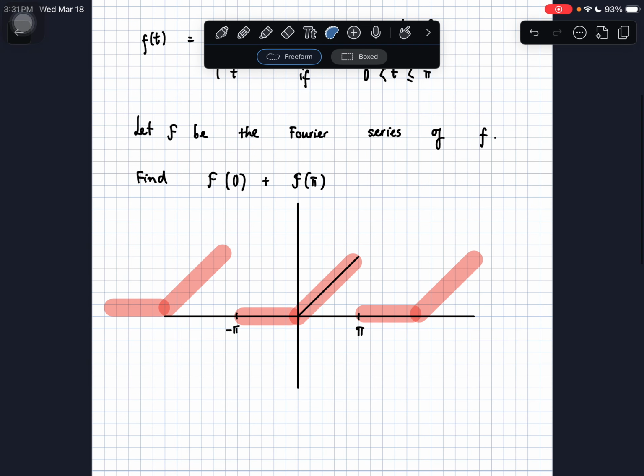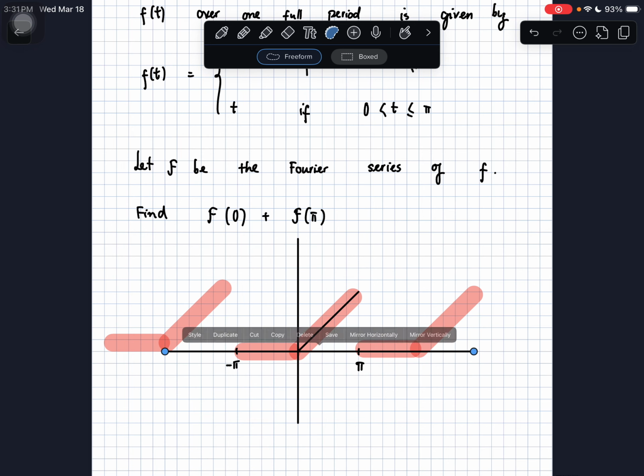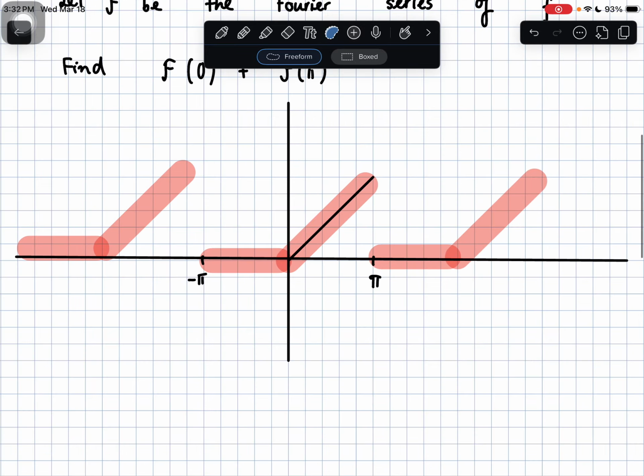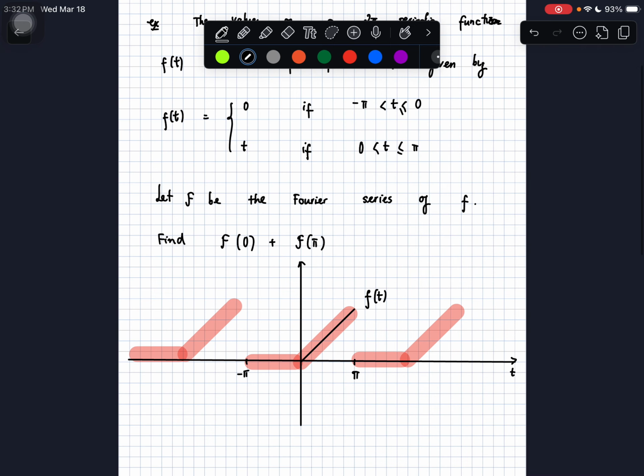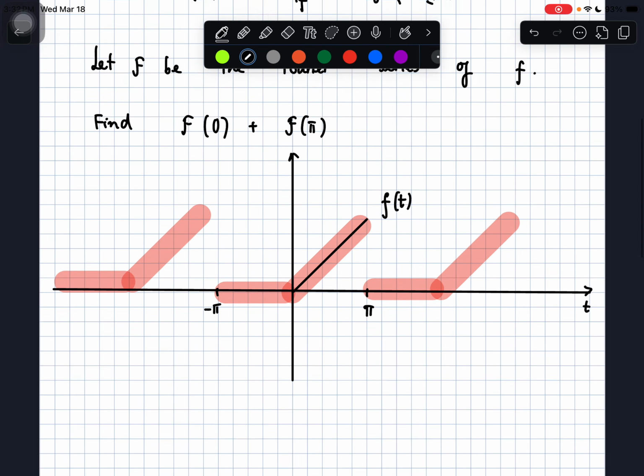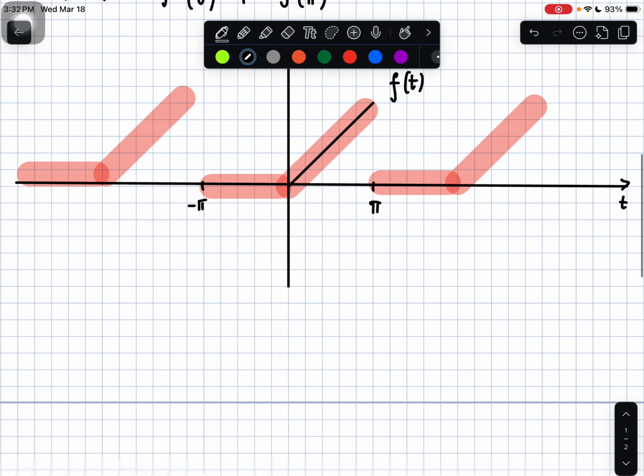So this is a graph of small f. Now we need to compute big F at 0 plus big F at pi. We don't need to compute the Fourier series. We just need to use the convergence theorems.